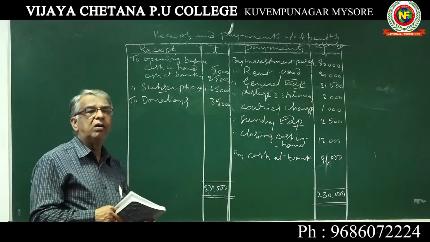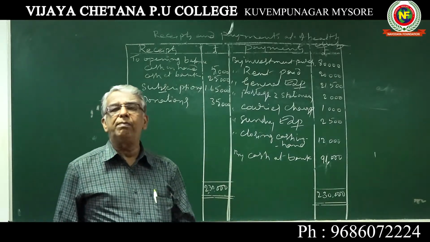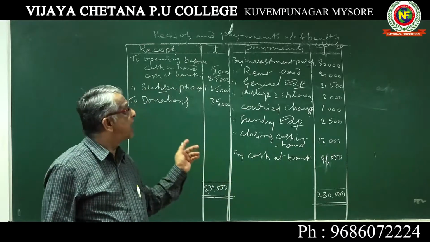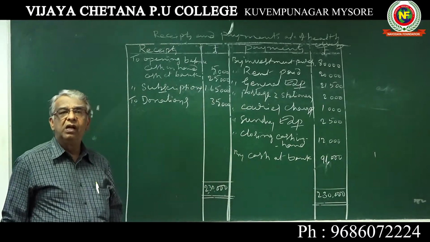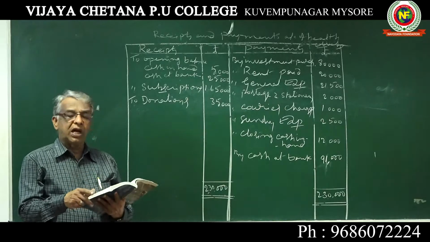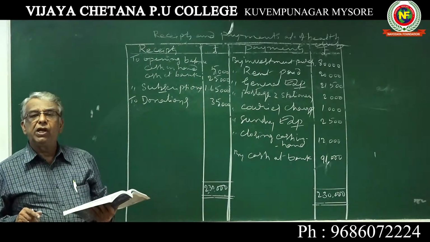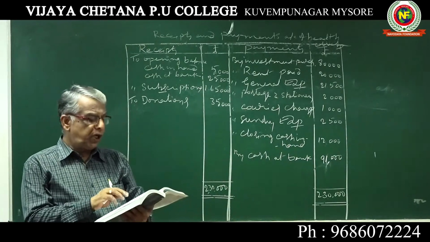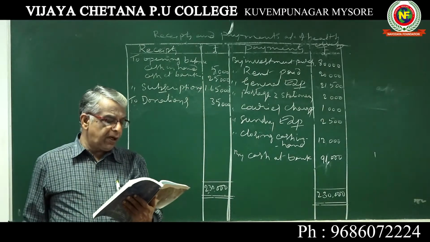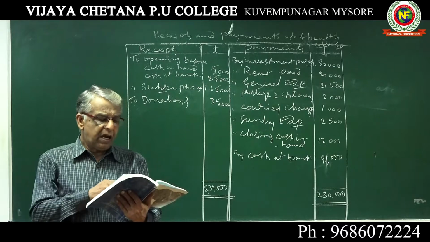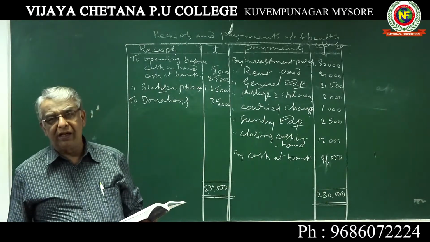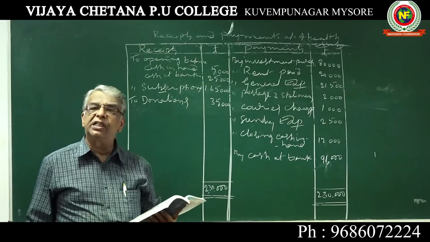Here in this problem, he himself has given the receipts and payments account. What he has asked is, with the help of receipts and payments account, you are asked to prepare income and expenditure account after taking into consideration the following adjustments. Prepare the income and expenditure account for the year ended March 31st, 2015 after considering the following. So he has given various adjustments.